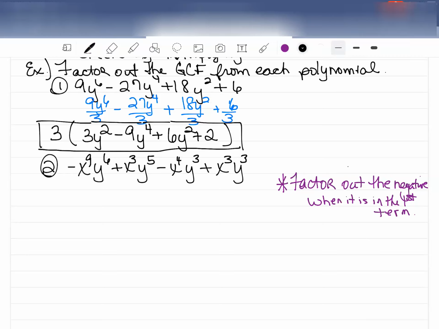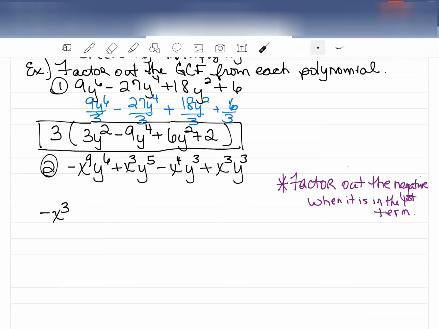So now I'm going to use a negative. I'm going to check my x's. First term had 9 x's, second one had 3, third one had 4, the last term had 3 x's. So every term has an x. The smallest number of x's is 3, so I'm going to use x cubed.